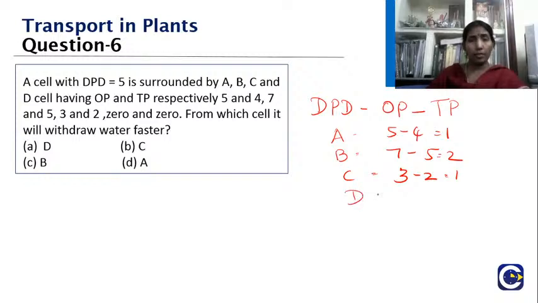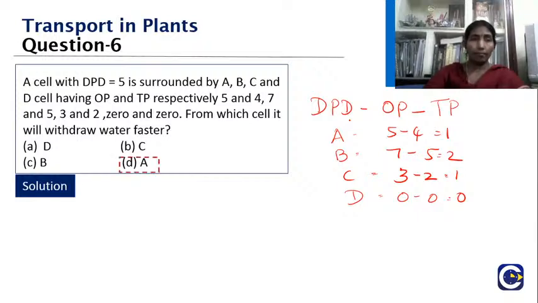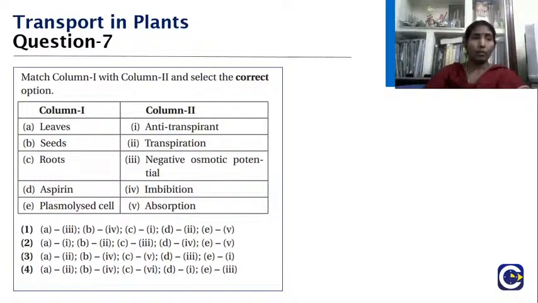And with D it should be 0. So from which will the withdrawal be faster? They will say that it is more in A. So the answer you have given is right students. The answer is actually A. Excellent. Okay, good. So we will go to the next question.